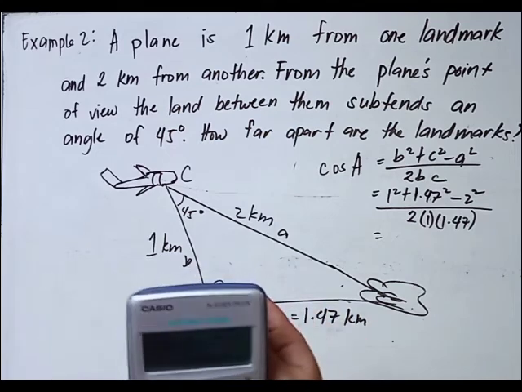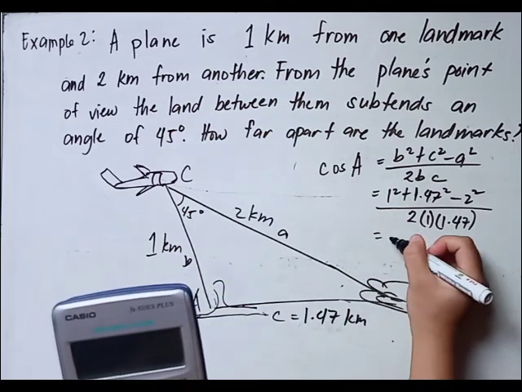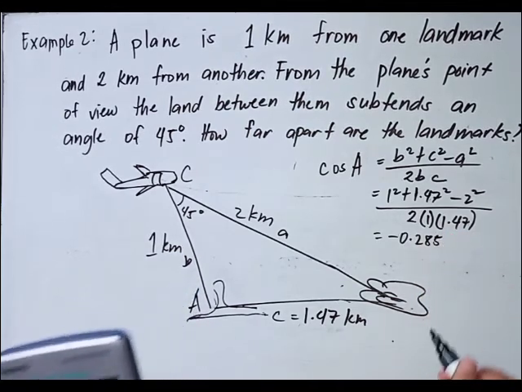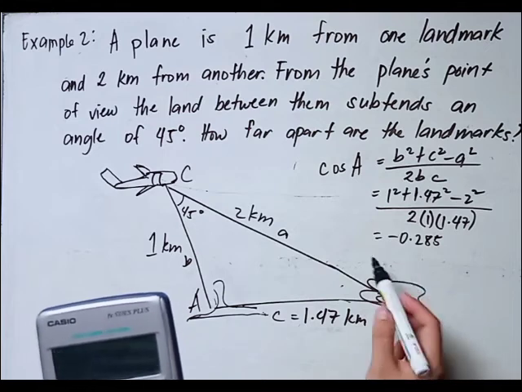So that is equal to negative 0.285. So let's get the cosine of negative 0.285.